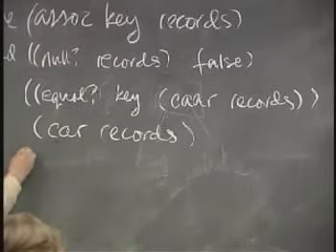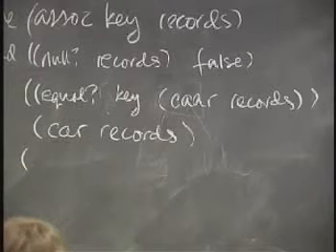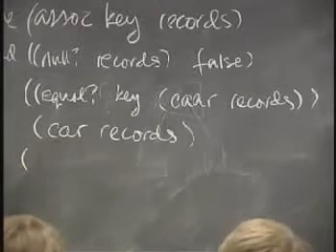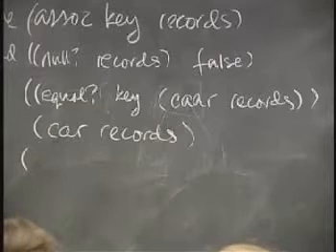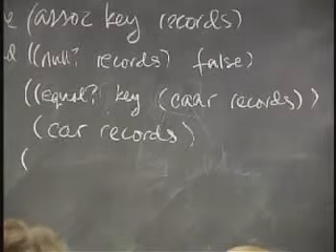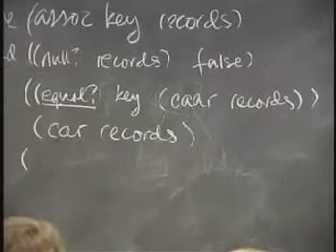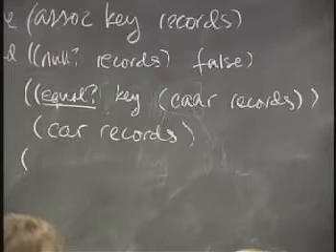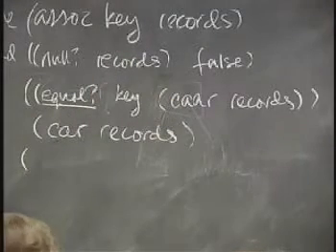Is the equal necessary, or can we just use EQ? It depends on what sort of things we're going to store. By using equal, we can store arbitrary structures as keys.